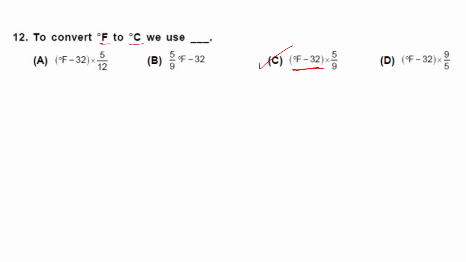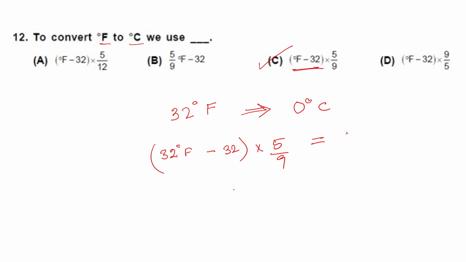If you want to try this, we say 32 degree Fahrenheit is actually 0 degree Celsius, and you can apply it here. So your Fahrenheit is 32 minus 32 times 5 by 9 is nothing but 0 degrees, and this is actually a conversion into Celsius. You should memorize this because this will be used in your science further.